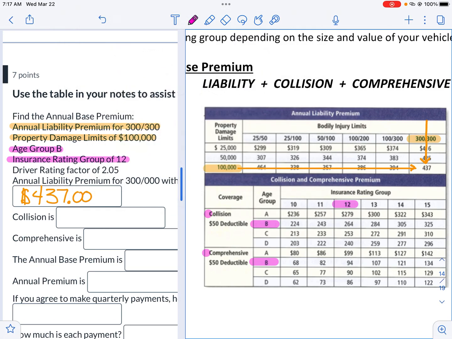So we are going to go down the 12 and across the B collision and find the number 264.